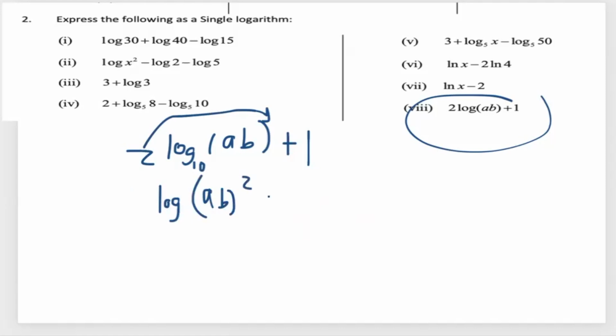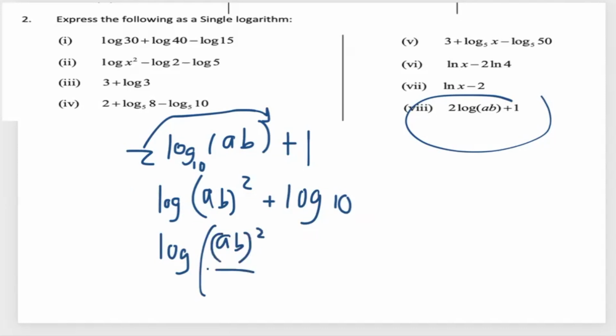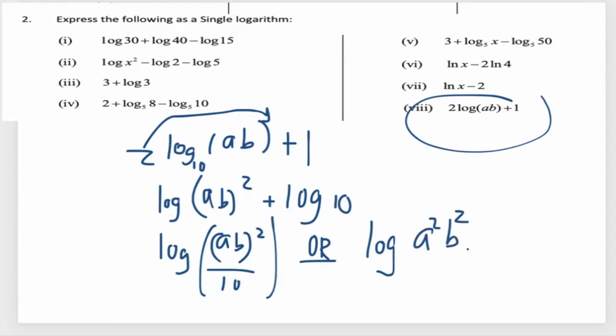And then 1 is the same thing as log 10, because by right, the base is 10 here and log 10 is 1. So therefore, I write log once, and then I have AB all squared over 10, or we have log A squared B squared over 10.